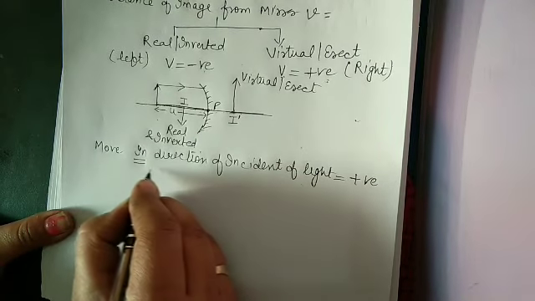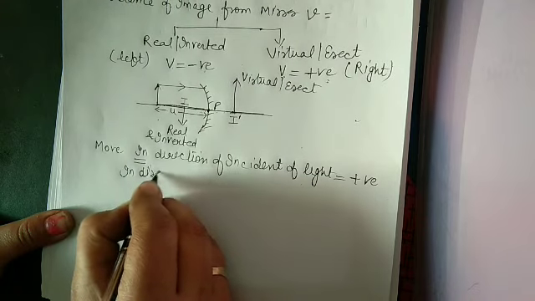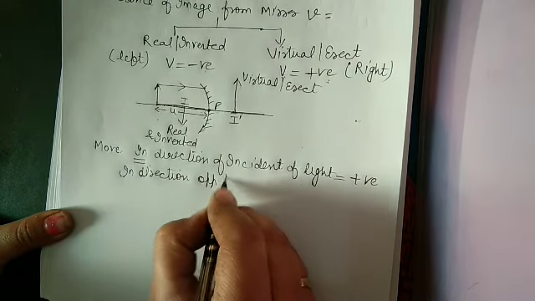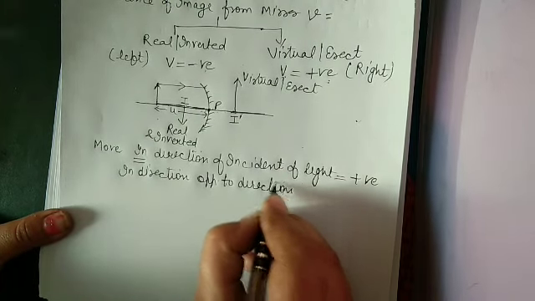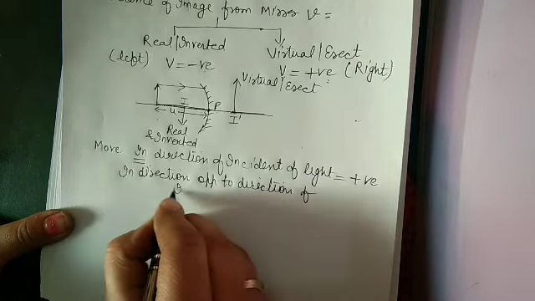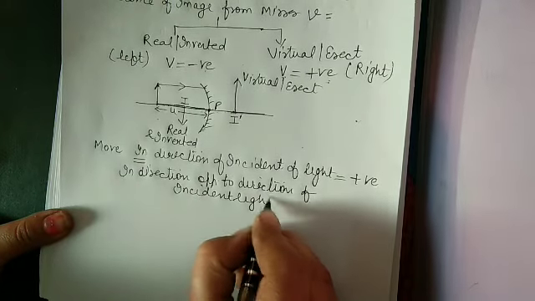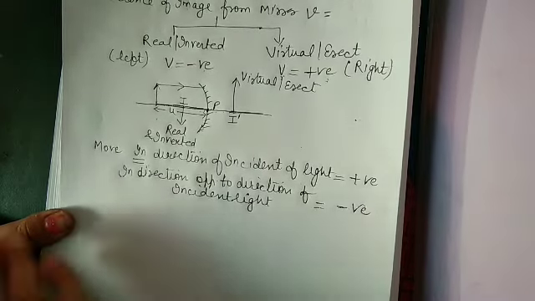If you are moving in the direction opposite to the incident light, then being opposite, in that case distance is negative.